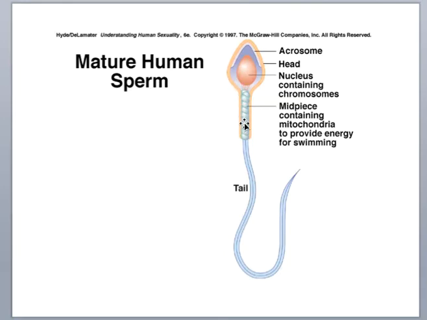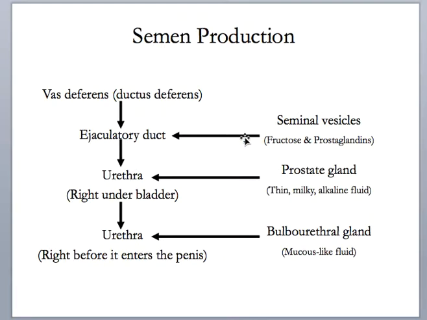The midpiece contains lots and lots of mitochondria for energy production in a spiral fashion, and then the tail is a flagellum, which is capable of a whip-like or lashing movement that will propel the sperm forward so that it can travel through the female reproductive tract.